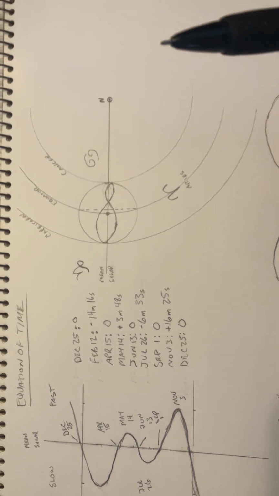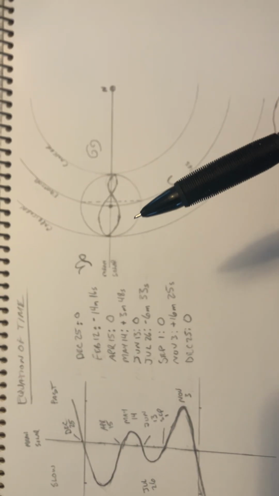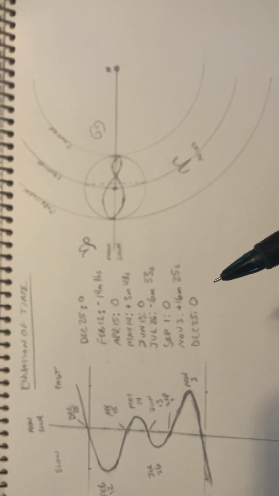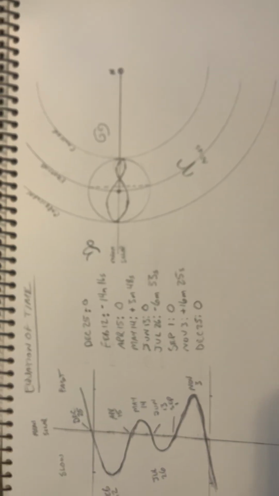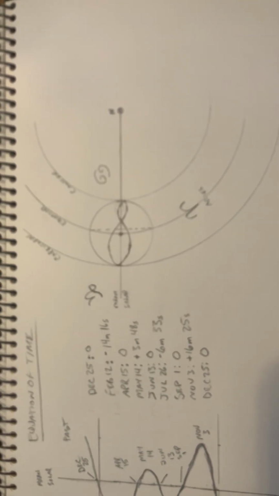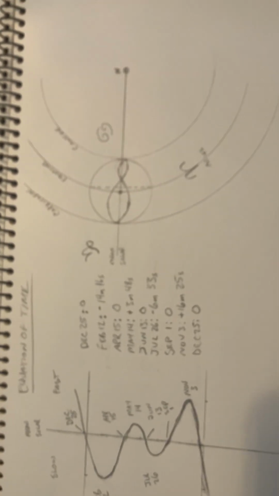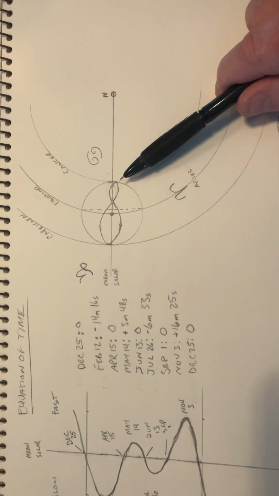And in doing that study, I came to realize, obviously, that this equation of time right here is going to be true for all places on the face of the earth, at all times. So that obviously blows this idea of distance out of the water.